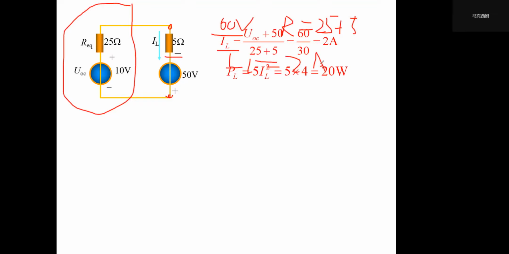And the voltage on it is, actually we should not use that one. We can use I square times R. I is 2, so I square is 4, and R is 5 ohm.